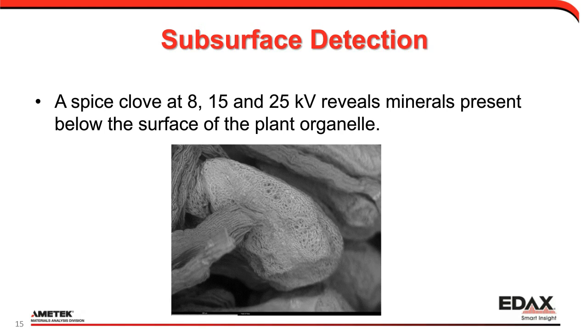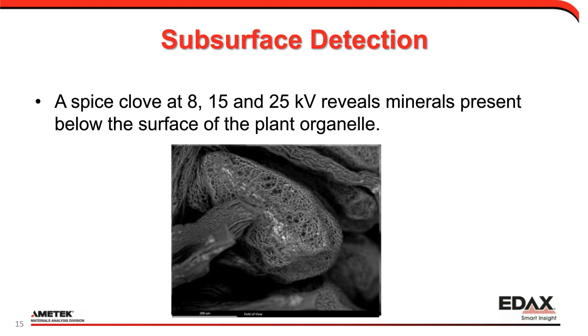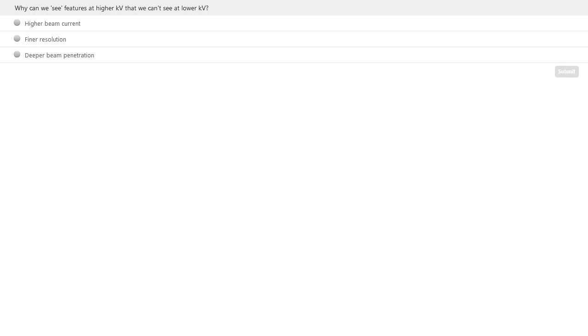Now we're going a little below the surface and looking at some of those open pores and also the bright areas, which indicate the antioxidant material. If we go even higher at 25 kV, we can see right through the center is where the cluster of antioxidants is found. Throughout the length of this seed area, we can see those bright particulates, and those are confirmed with EDS chemistry to be the antioxidants.